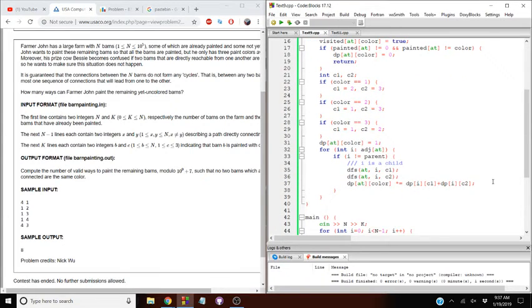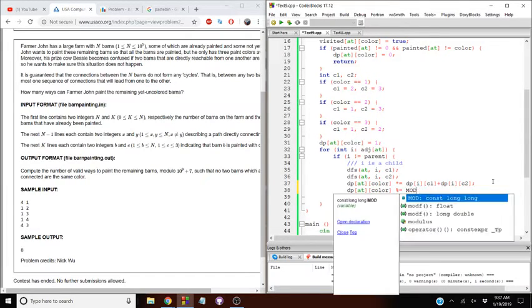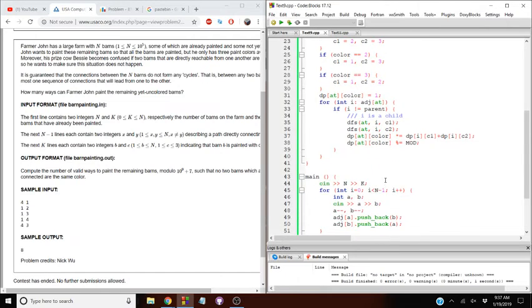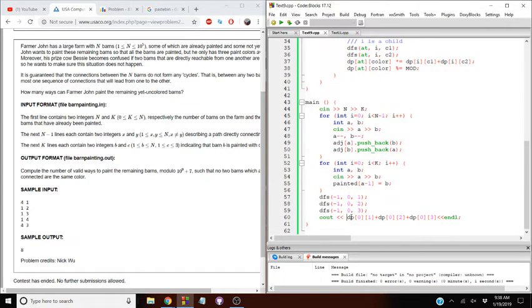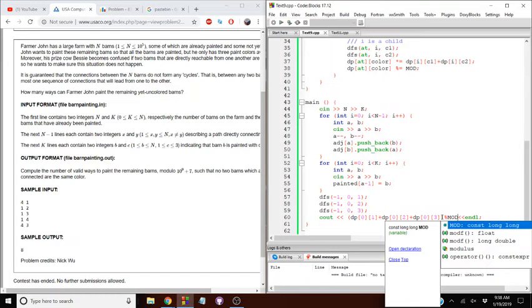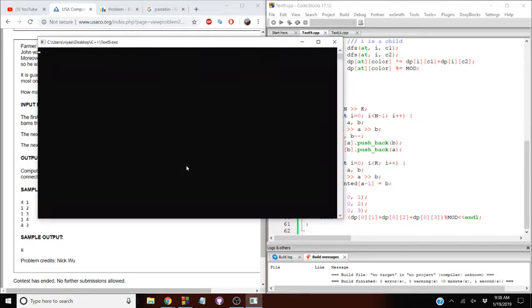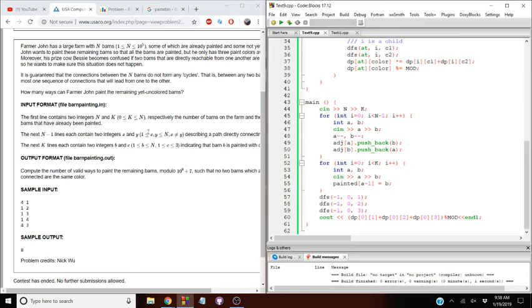Okay, so dp at equals dp at color mod equals mod, and we just print it out mod. Same answer. Alright, cool. Let me just try submitting this.